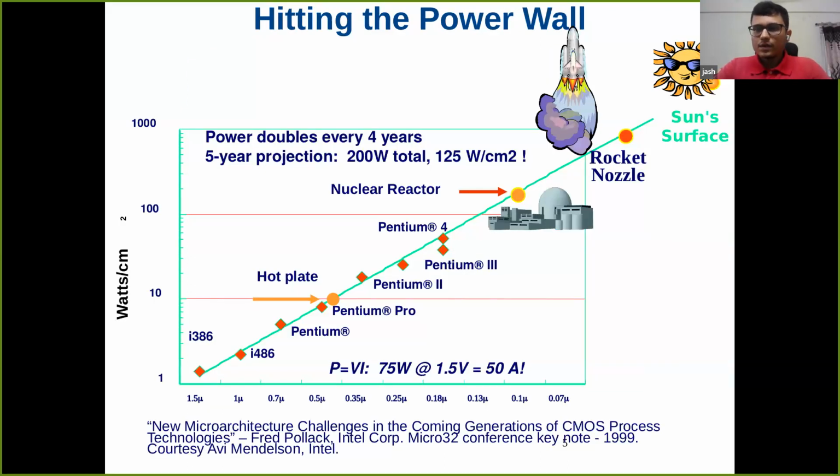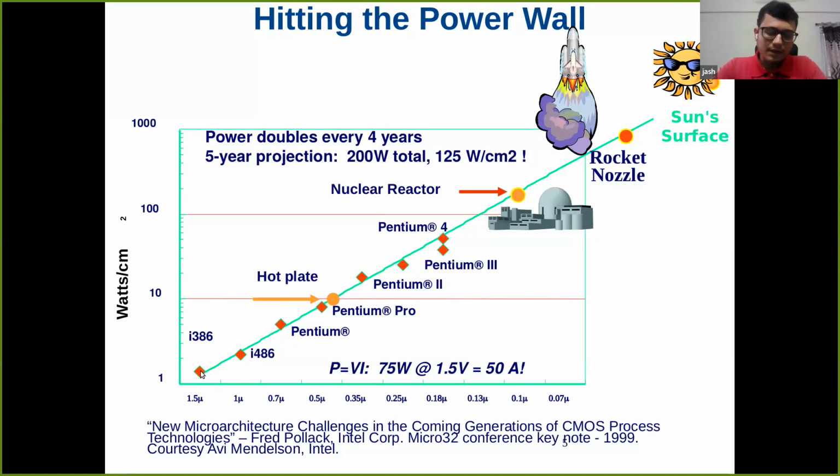What was happening was that as we increase the clock frequency, the heat dissipated by the transistors goes on increasing, and our system dissipates more and more heat. This chart shows the amount of heat dissipated on the y-axis and the processor technology on the x-axis.